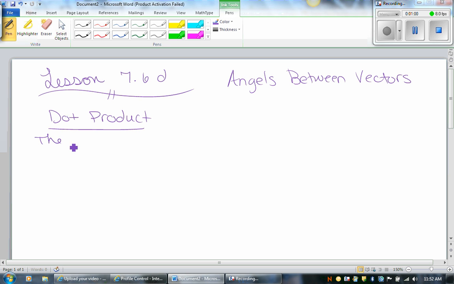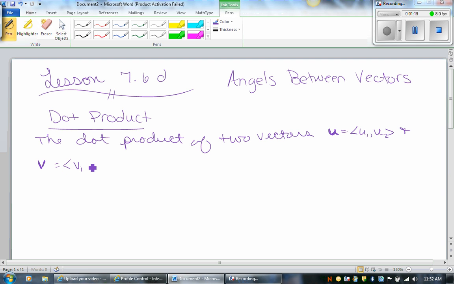Okay, the dot product of two vectors, we'll call them U and V, is U dot V. And what you do is you take the first component of each and multiply them, and then add the product of the second components.